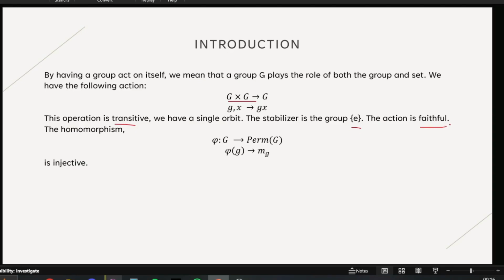Faithful, by definition, means it is an injective mapping. So the homomorphism, this is the common map we have, Mg is the permutation. So g and then left operation x. This is the homomorphism, and this is injective.